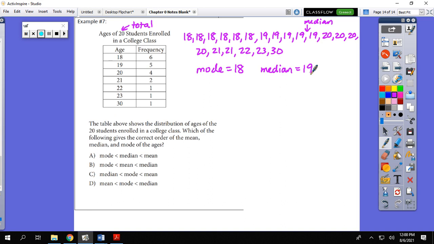And then the mean is the one, if we actually figure it, that would take a bit of time to figure out. However, because of that 30, you can almost guarantee that the mean is going to be the biggest of those 3 numbers. So I am quickly adding up those numbers, and then we would divide that by 20.